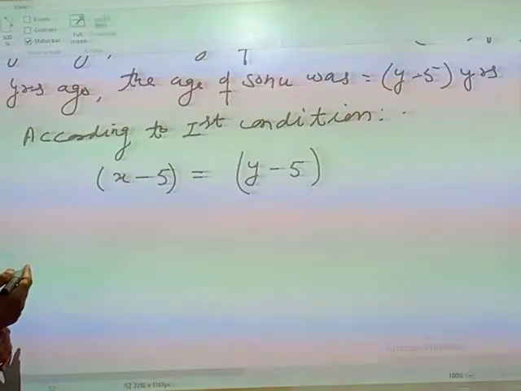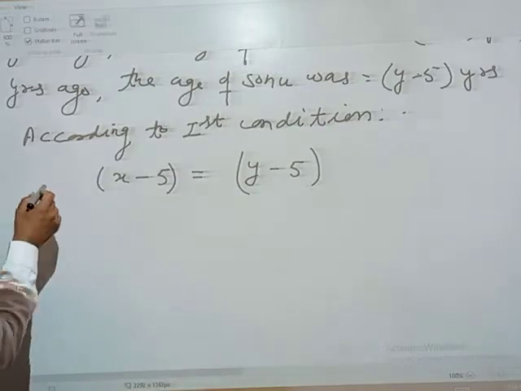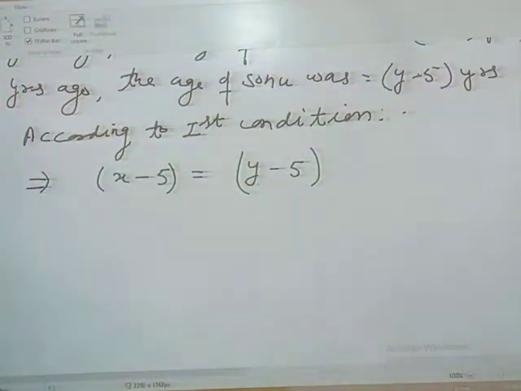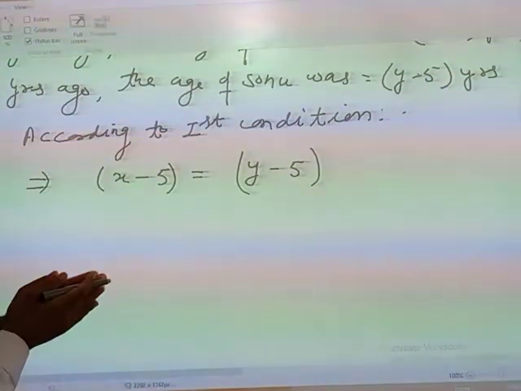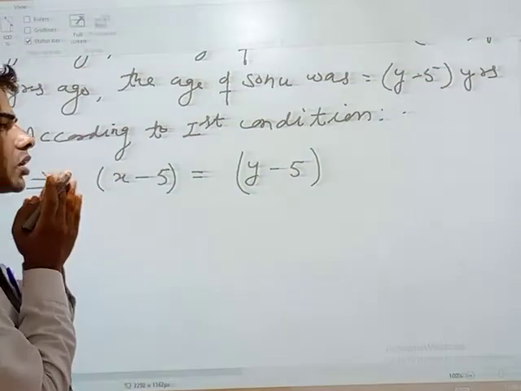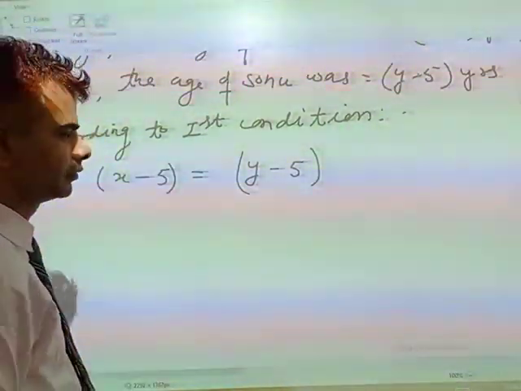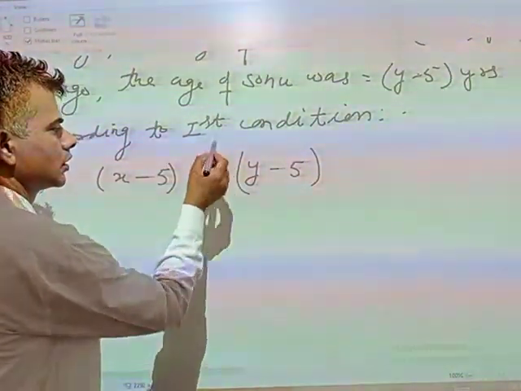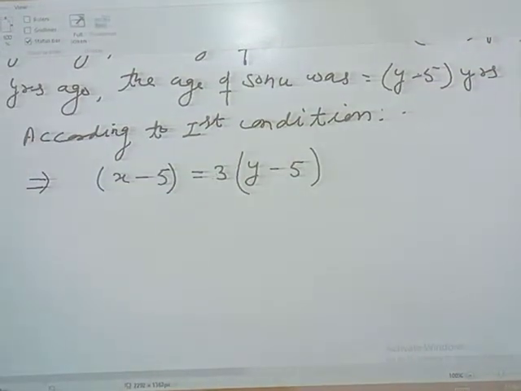Whose age will we multiply by 3? Noori's age or Sonu's age? To equalize it, we will multiply Sonu's age by 3. Students, any doubt, any problems?